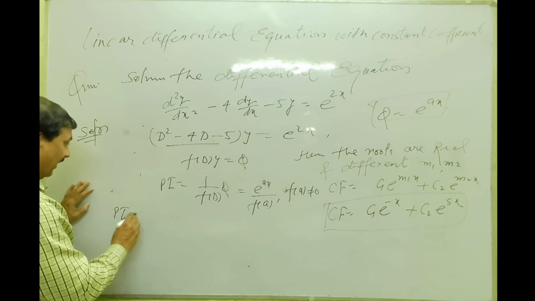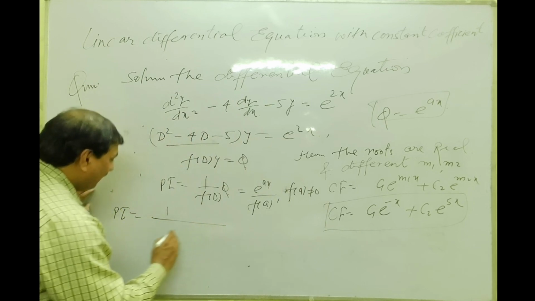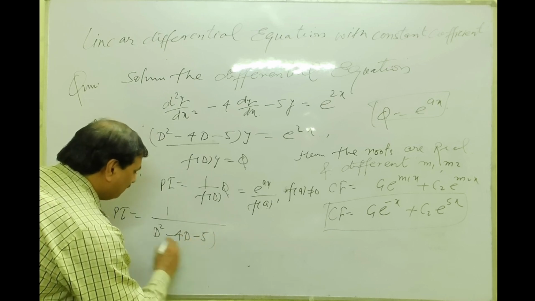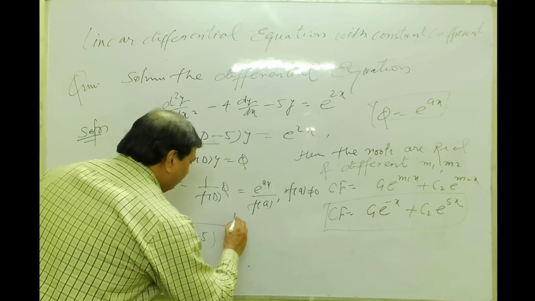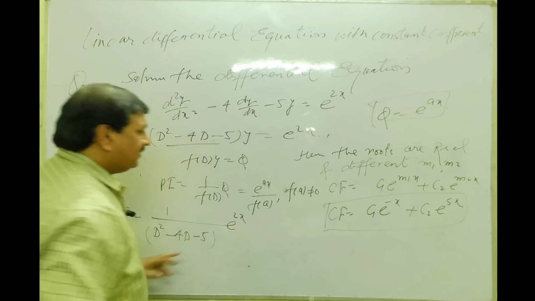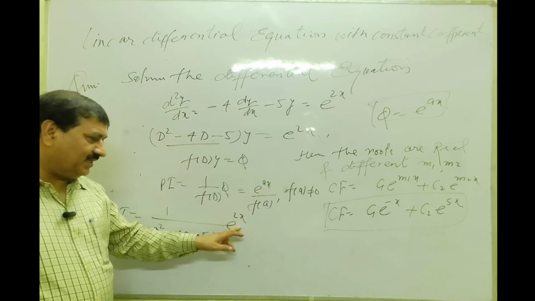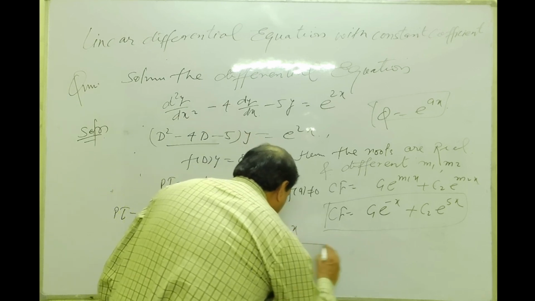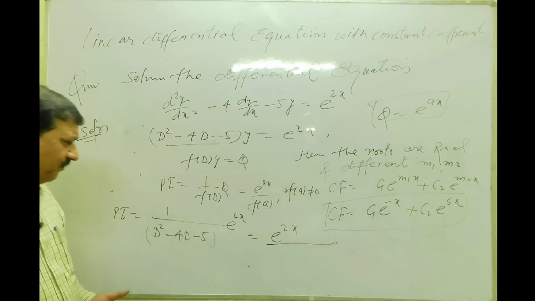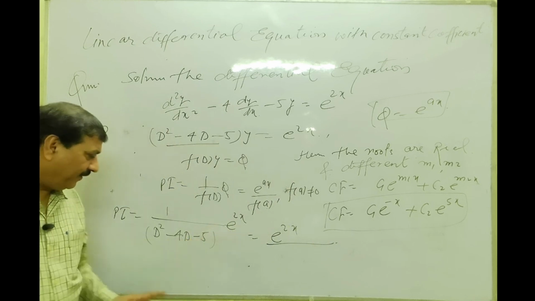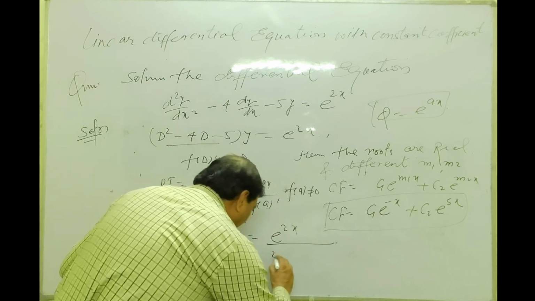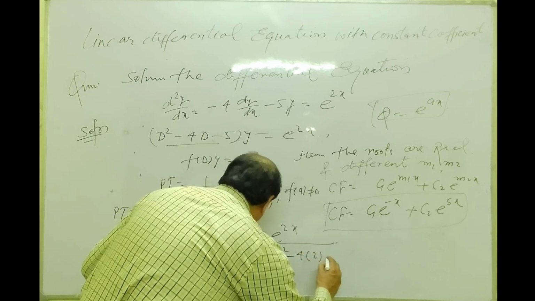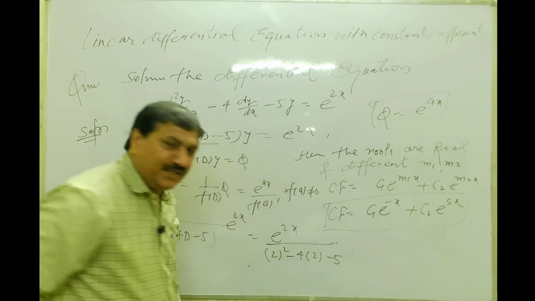Particular integral PI = 1/(D² − 4D − 5) e^(2x). The coefficient of x here is 2, so put D = 2. That gives e^(2x)/(2² − 4·2 − 5), which is e^(2x)/(4 − 8 − 5).